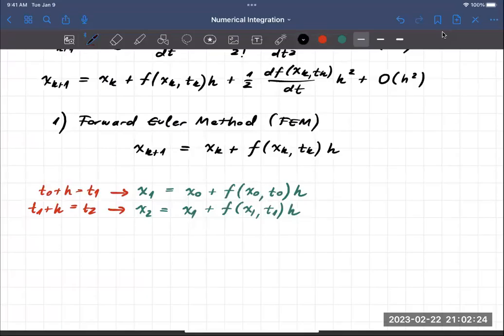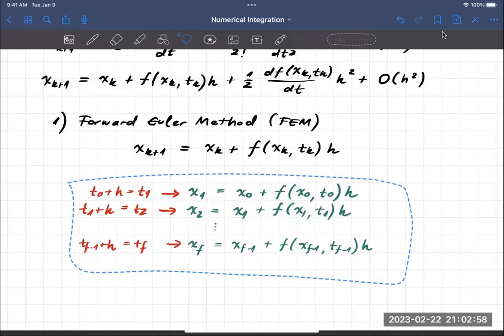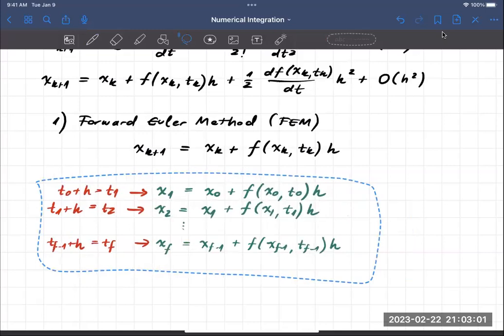And we keep going with this up to x of f, which is going to be x of f minus 1 plus f of x of f minus 1, t of f minus 1 times h. This is given for the final time tf, which is simply t of f minus 1 plus h. So we can actually have a direct method.